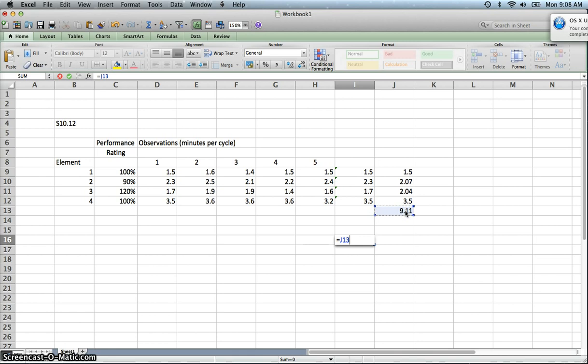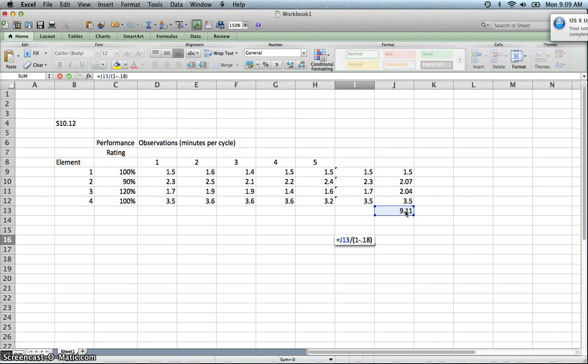And so the way we do this to figure out standard time is that we would take this, and we're going to divide it now by 1 minus the allowance factor. And remember, this is the case where we had 6%, 0.06. We'll do it in decimal form. Another 0.06 for fatigue, and another 0.06, so it adds up to 18%.